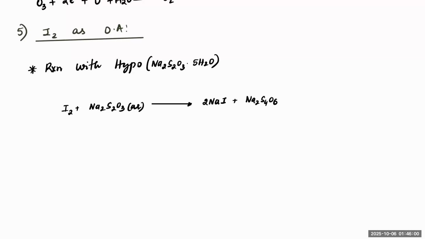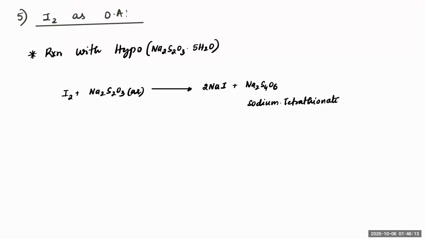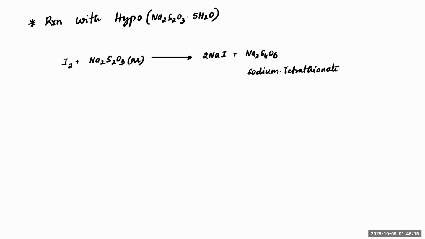This is called sodium tetrathionate. Here, 1 mole of iodine molecule is converting into I minus.